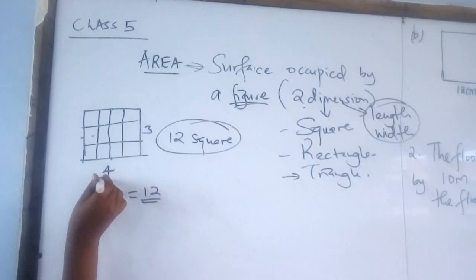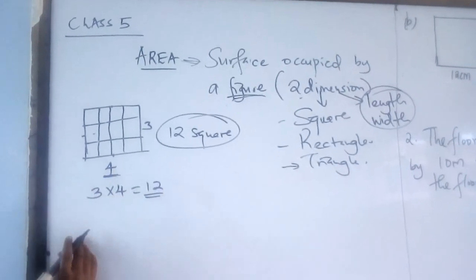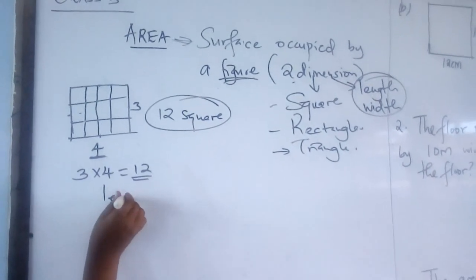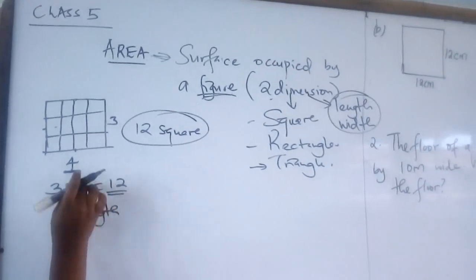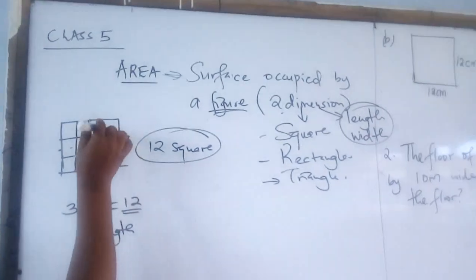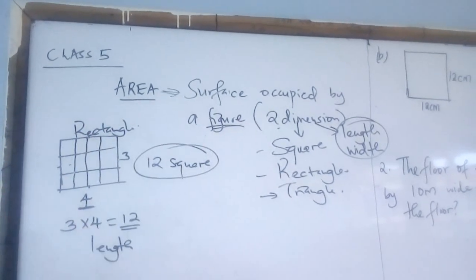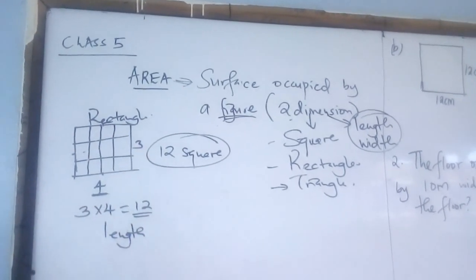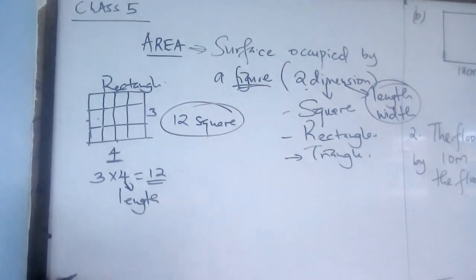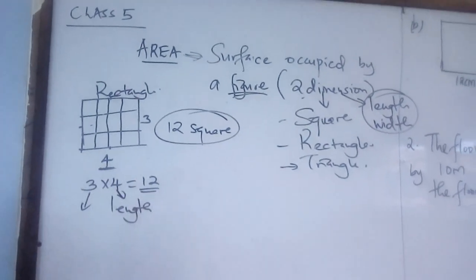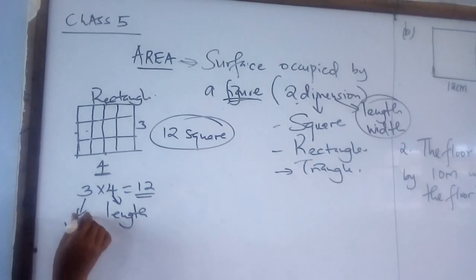And if you look at this, let's say our 4 is representing length. This is not a square, this is a rectangle, not a square, because of 4 by 3. So our 4 is representing length, our 3 is representing width.